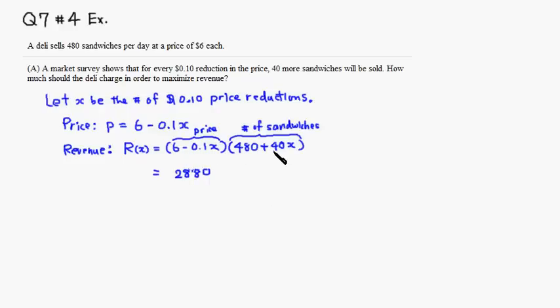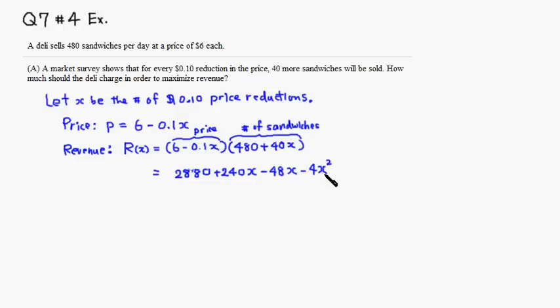Then 6 times 40x would be 240x. Negative 0.1x times 480 would be minus 48x. Negative 0.1x times 40x gives you negative 4x squared.